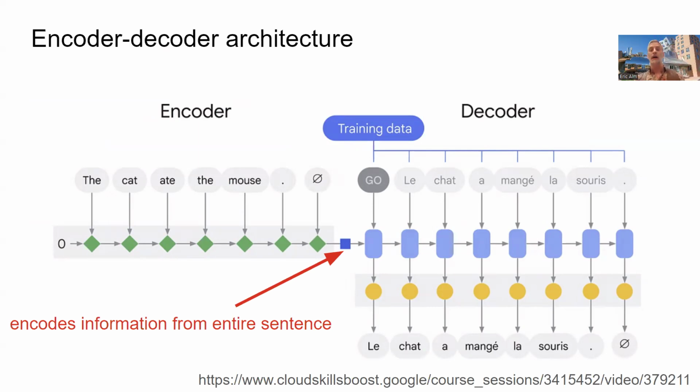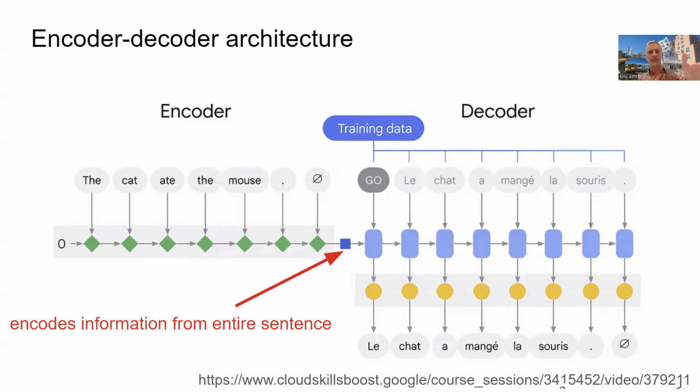Pre-2017, this is mostly how language translation was done with these encoder-decoders. The real issue here that led to the development of transformers is we might have a fairly long text.